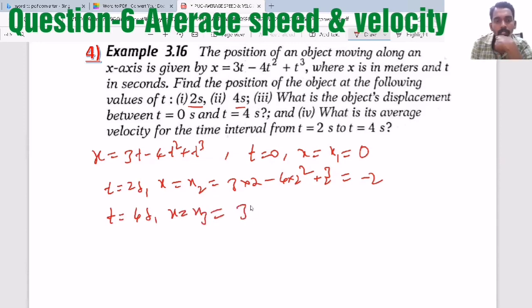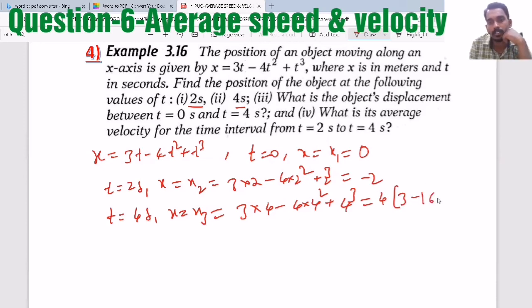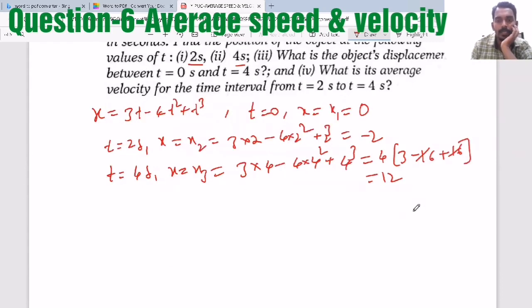Let's find out. 3 into 4 minus 4 into 4 square plus 4 cube. If you take 4 common, here 3 minus 16 plus 16, so these two cancel. How much will it come? 12. Now they are telling us to find the average velocity in the time interval 2 to 4 seconds.